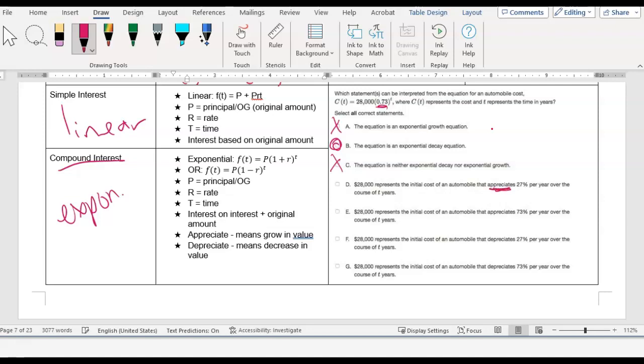So this word right here, we see appreciates. That is not true. 28,000 represents the initial cost, that's true, that depreciates 27% or depreciates 73%. So what's left is 73%, right? That's what's remaining. And so that means that it's depreciating 27%. So this is correct and this is not correct. This is how much is remaining, not how much it's depreciating.